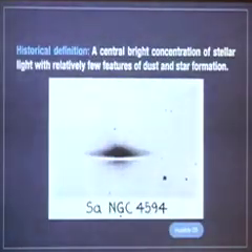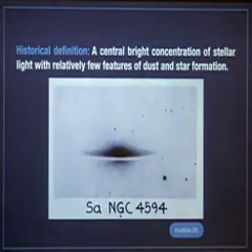So this seems like a very naive question, but actually there has been a long debate about what we mean by bulges, since the origin of the word. Historically, a bulge was defined as a central bright concentration of light with few features of dust or star formation.